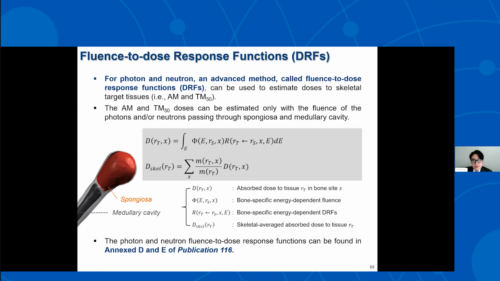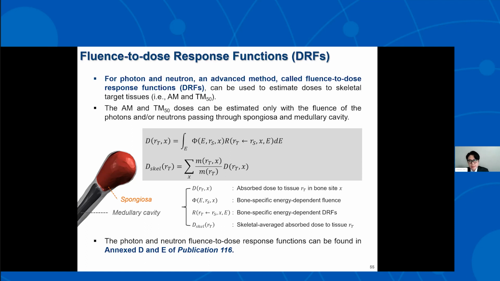For photon and neutron exposure, the users can use the more advanced method named fluence-to-dose response functions. In the method described right before, the dose to spongiosa and medullary cavity replace the dose to skeletal tissues contained therein.